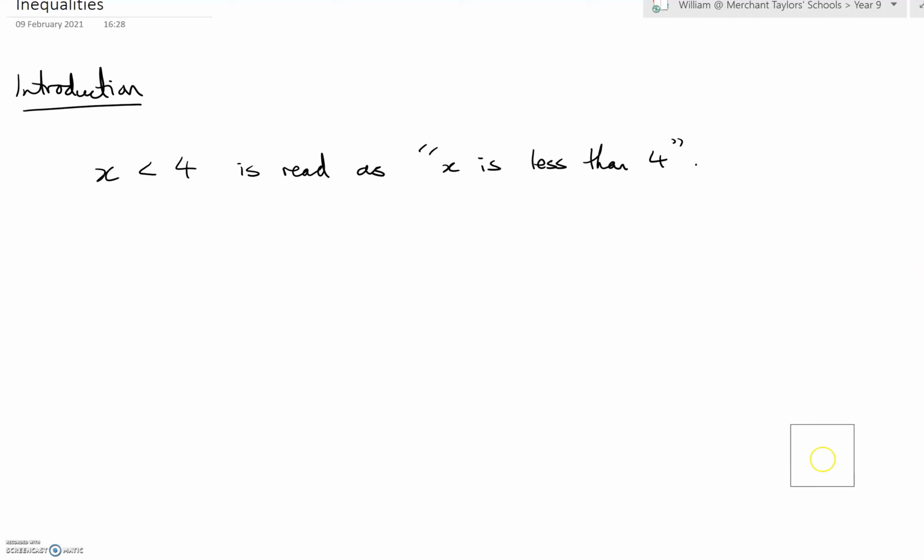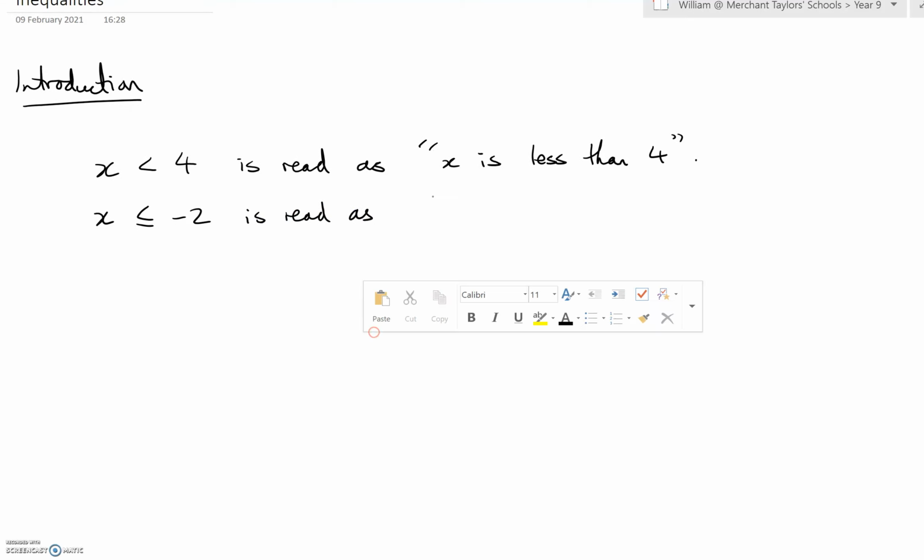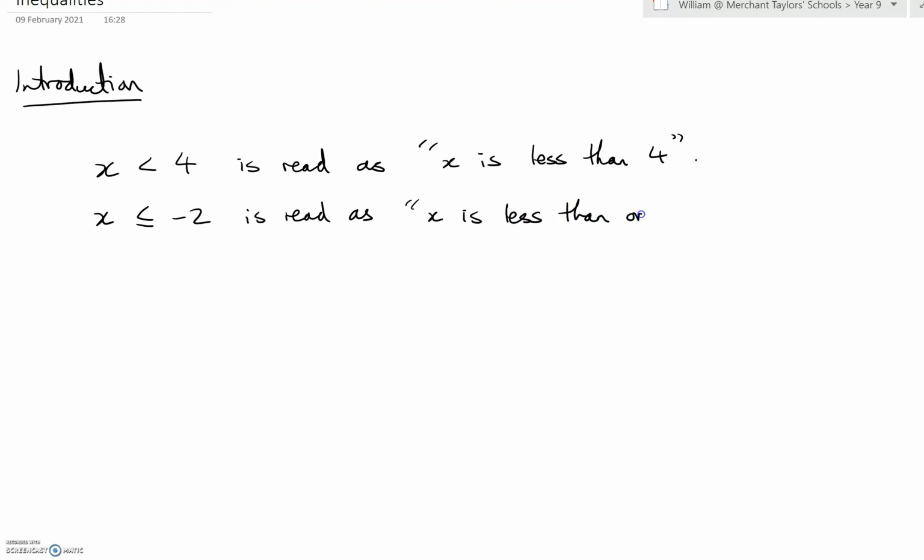We also have x less than or equal to a value, let's say minus 2. So this is read as x is less than or equal to minus 2.